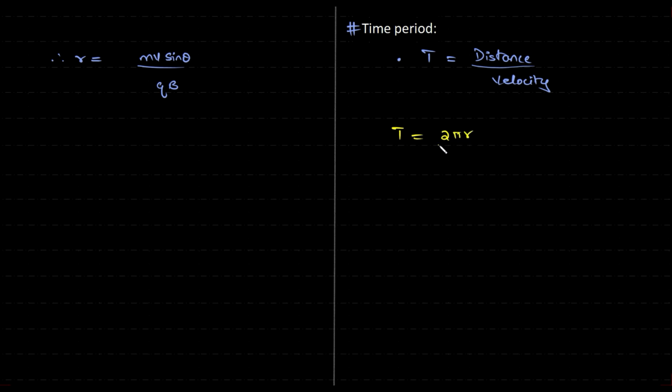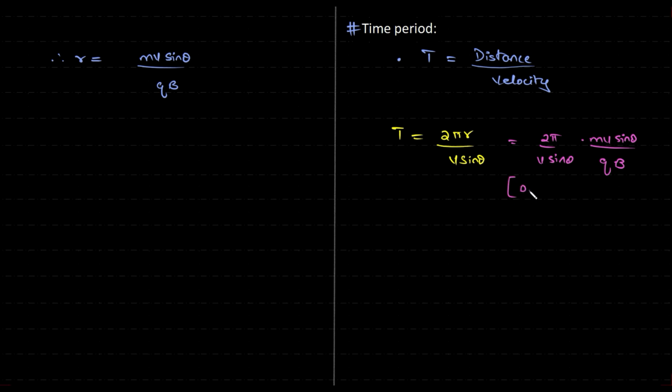So 2 pi r divided by the velocity, which component? The v sine theta component. You guys agree? So this is 2 pi r by v sine theta, and on substituting r we have m v sine theta by qB.